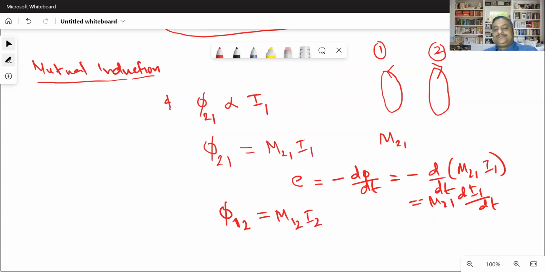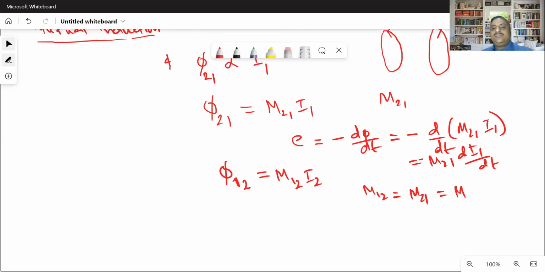But this M12 and M21 will be equal. We can write them equal to M. That we will prove later. M12 is equal to M21 is equal to M. They are equal. So we can define mutual inductance how? E is equal to minus dφ by dt.